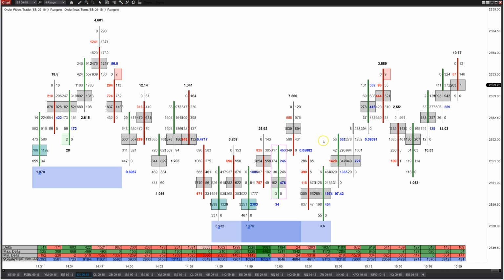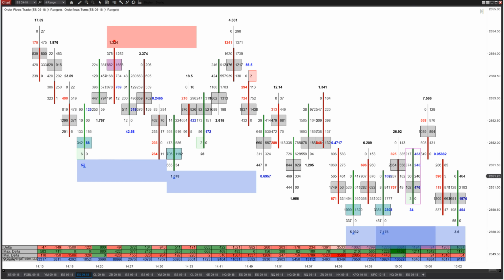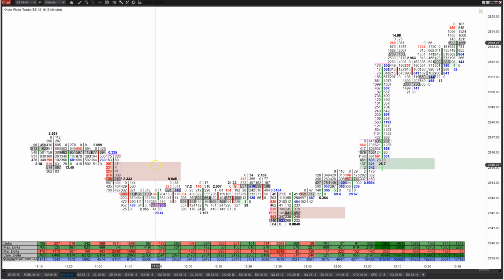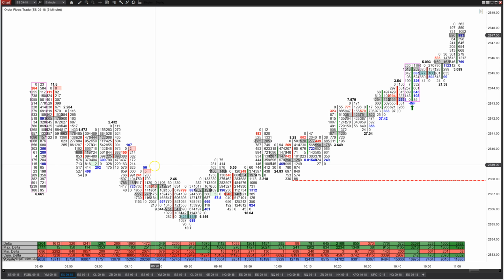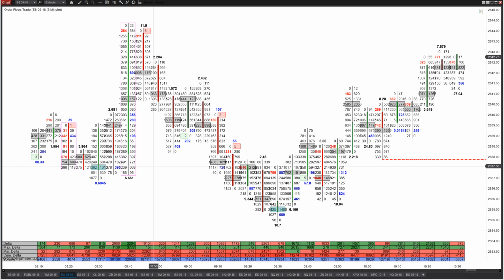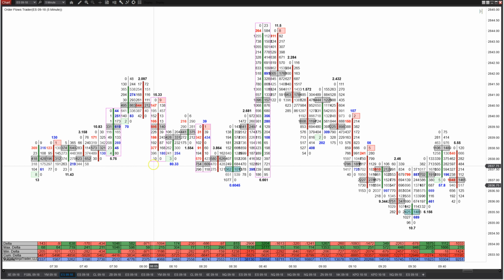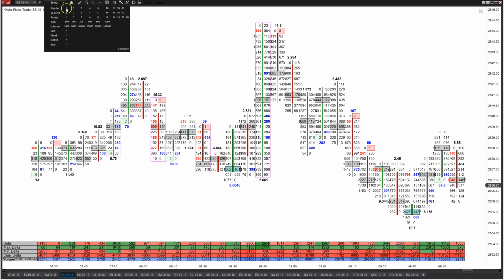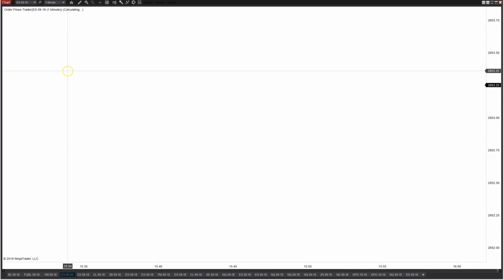That doesn't mean that you have to throw out your minute-based charts. I also look at minute-based charts, and oddly enough, for what it's worth, I do find that imbalances tend to work slightly better, I think, in E-minis on minute-based charts than on range-based charts. Now, again, there's nothing scientific behind that. That's just been my own observation.